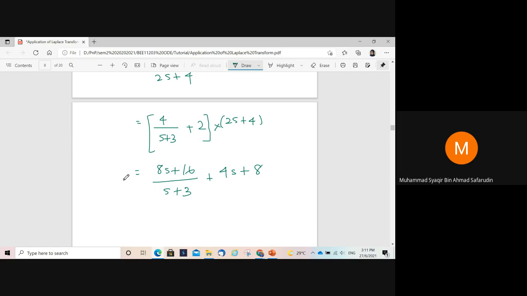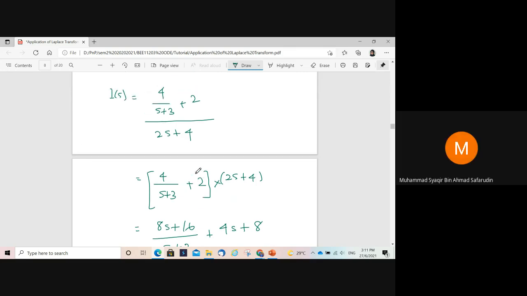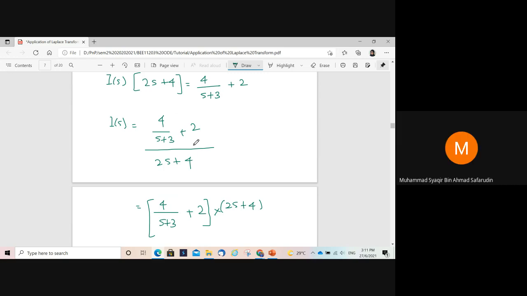Kalau dua atas tu kita dapatkan S plus 3 tak boleh? Sama kan? Lepas tu bawah. Yang mana? Yang ni? Atas tu. Yang ni? Ha. Macam ni?